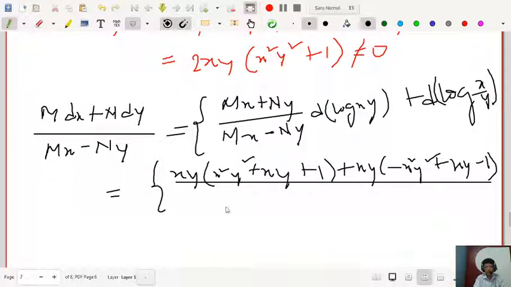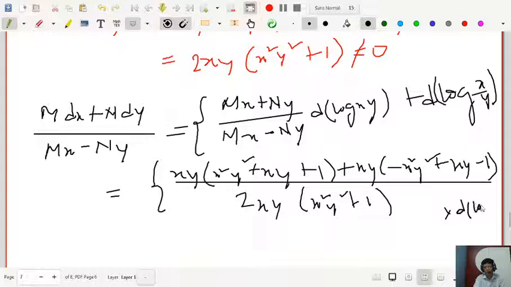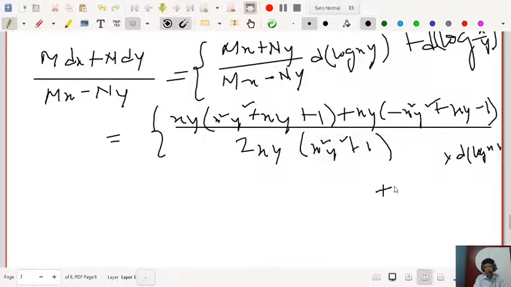Mx minus Ny is 2xy into x square y square plus 1 into d of log of xy plus another term you have d of log of x by y.